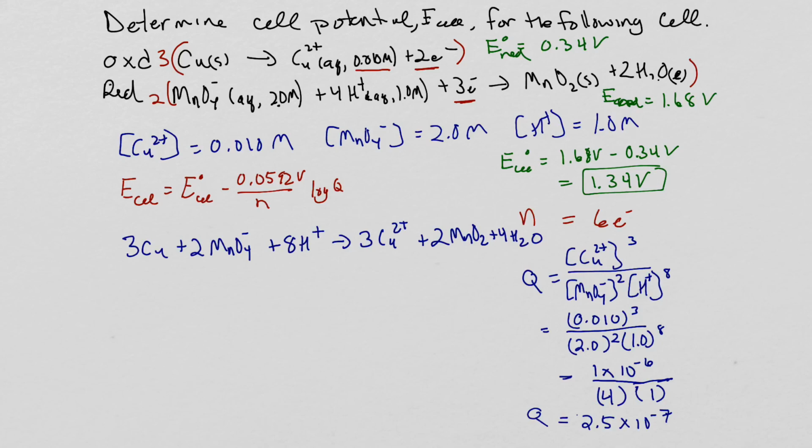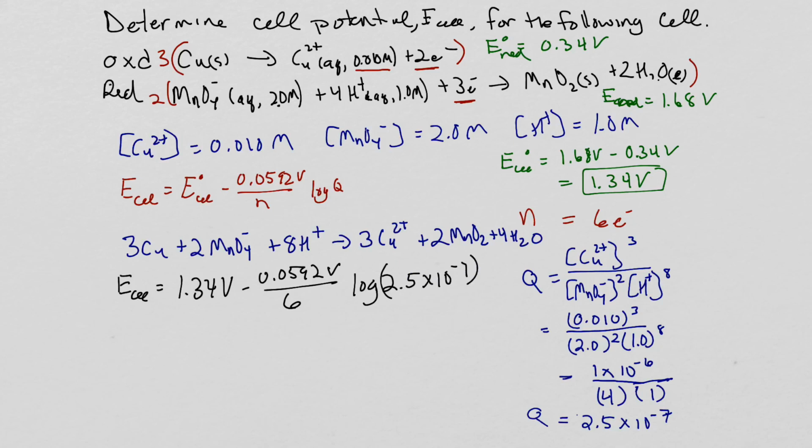So now we can continue on and go back and get E cell. It's going to be E cell standard, 1.34 volts minus 0.0592 volts over 6, there's the log, 2.5 times 10 to the minus 7. So that gives me my equation.